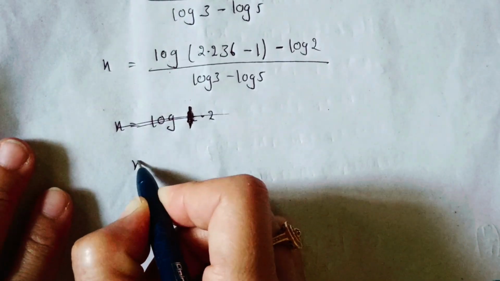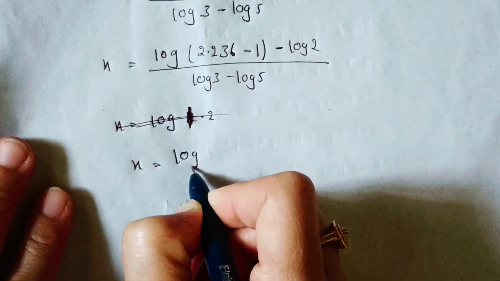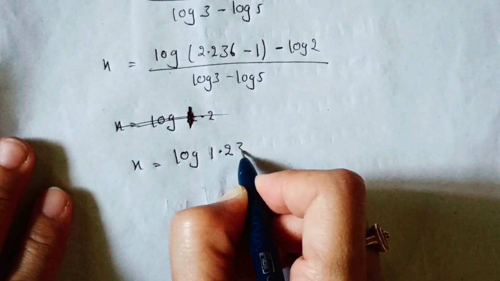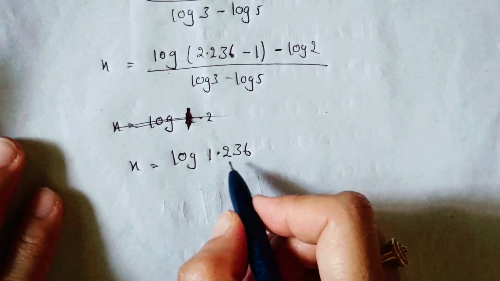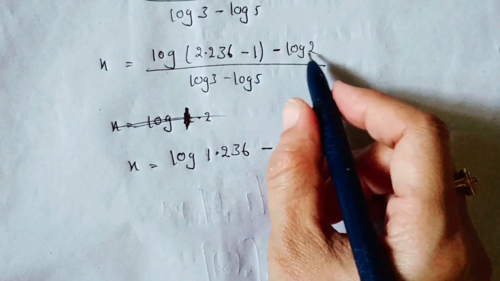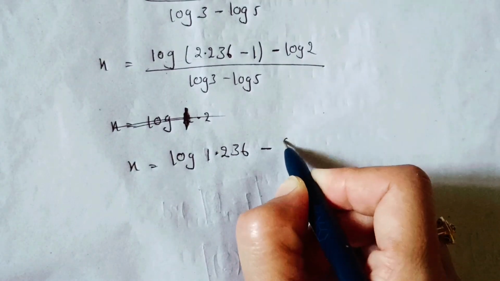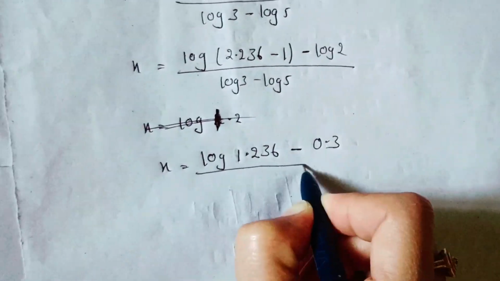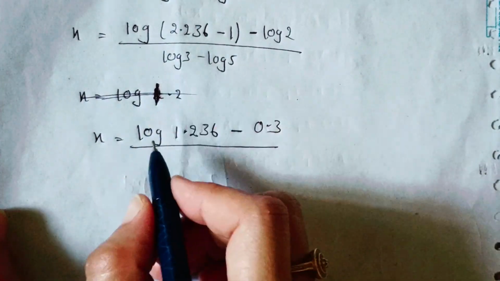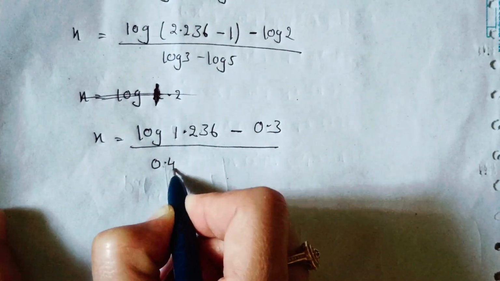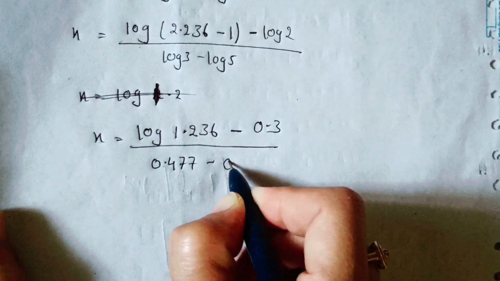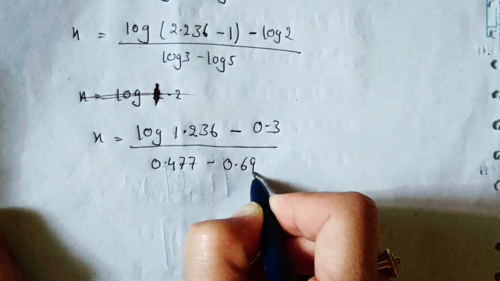So I'll write it again. x equals log 1.236 minus log 2, where we know the log 2 value is 0.3, divided by log 3, whose value is 0.477, minus log 5, whose value is 0.699.